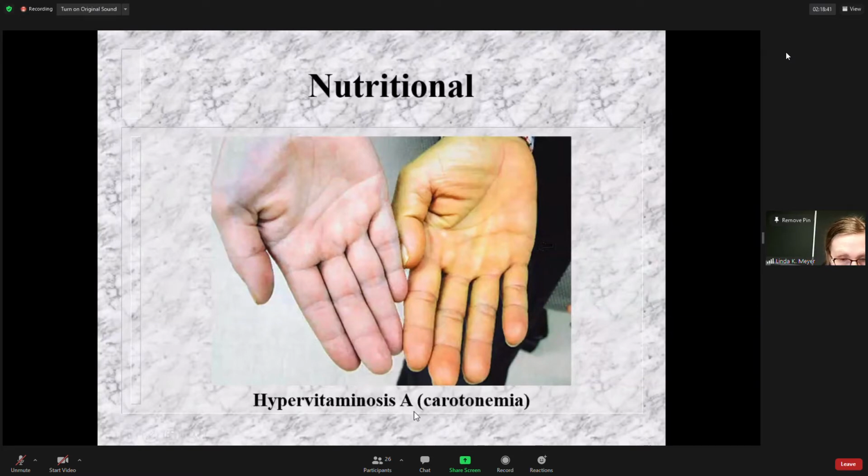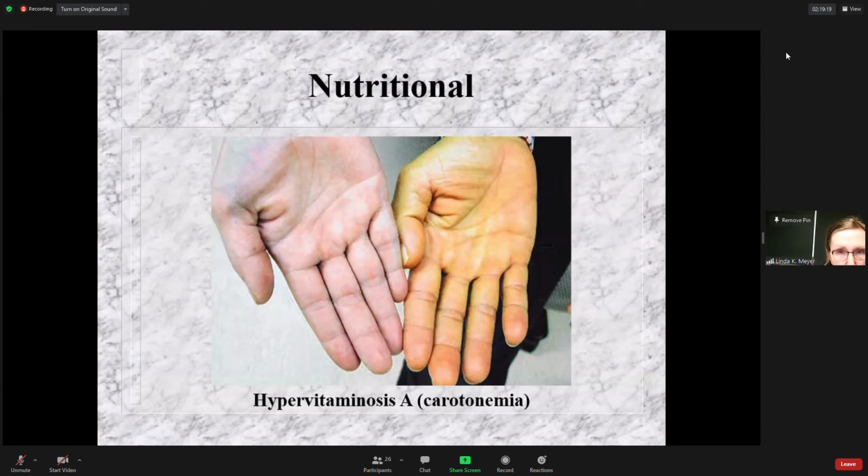I just wanted to show an example of how sometimes too much of a nutrient can be toxic. There's a condition called hypervitaminosis A, which is too much vitamin A. Vitamin A is metabolized by the liver, and if you get too much, you end up having beta carotene in the skin, and the skin can actually turn an orange color, and the patient can have irritability and other manifestations with this.